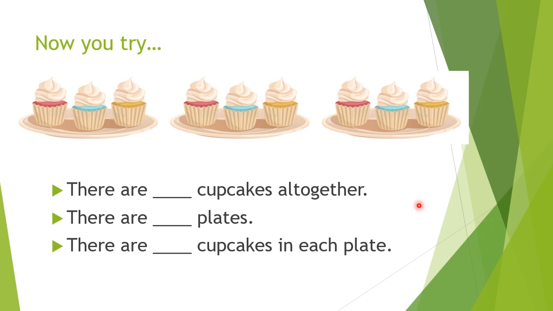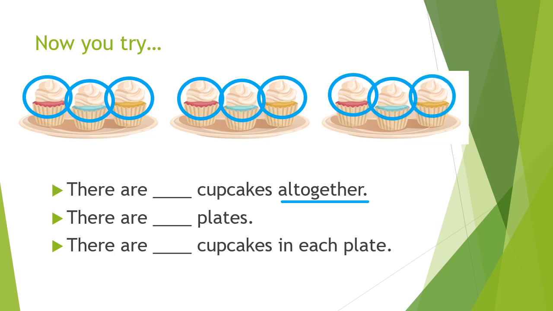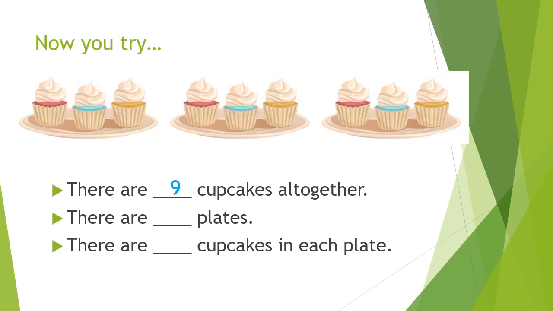Okay, now let's check. So here, there are blank cupcakes all together. All together artinya kesemuanya. So let's count how many cupcakes we have. 1, 2, 3, 4, 5, 6, 7, 8, 9. So there are 9 cupcakes altogether. Next, we want to count the number of plates, pinggan.